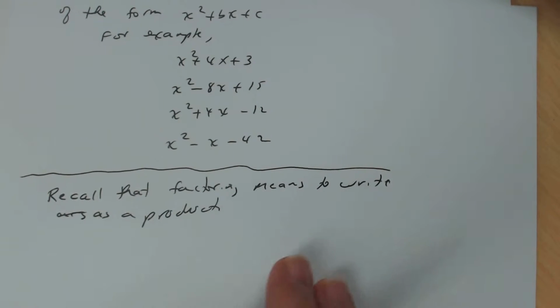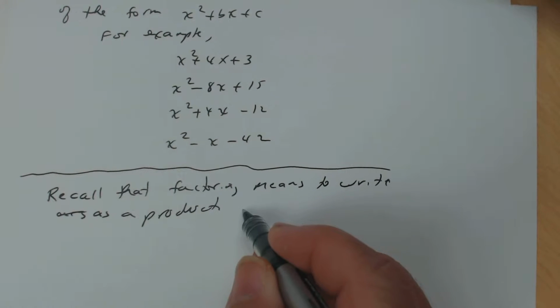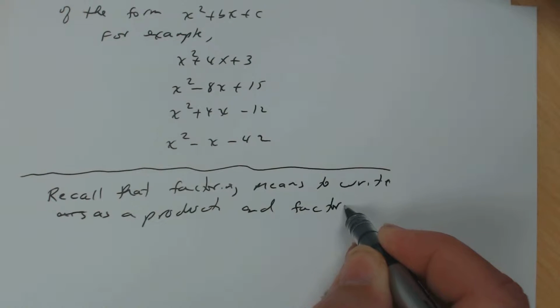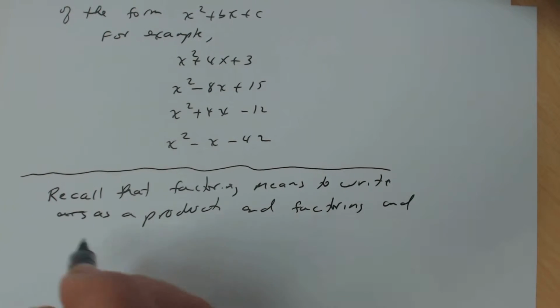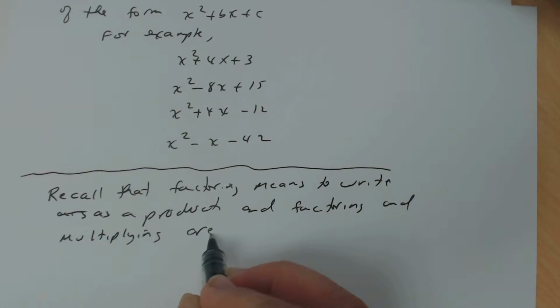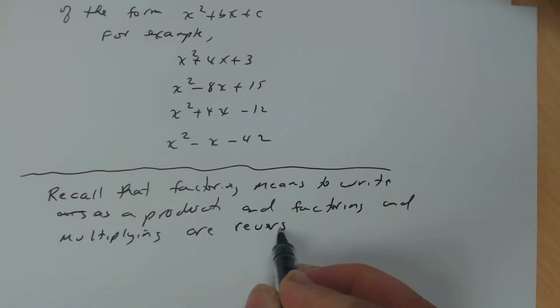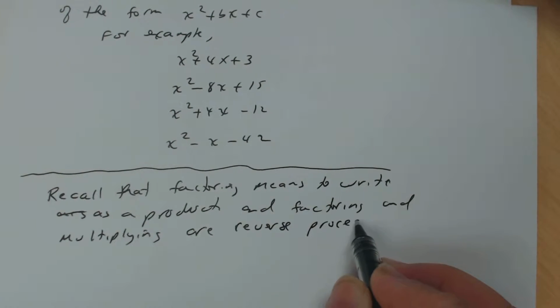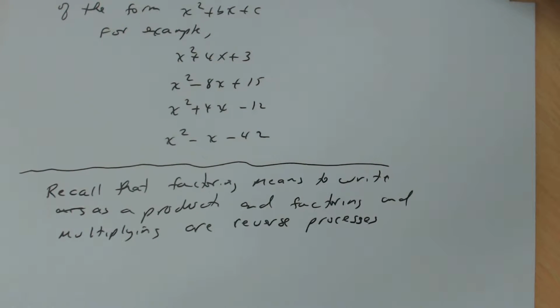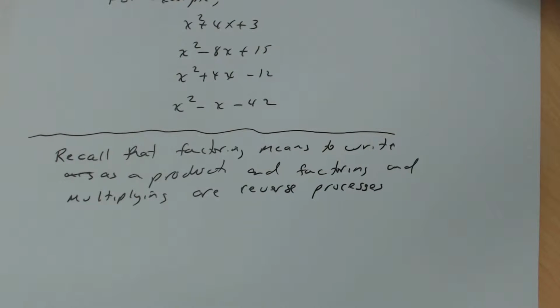We had the GCF times a polynomial. And factoring and multiplying are reverse processes.